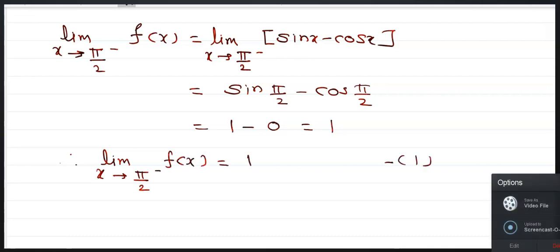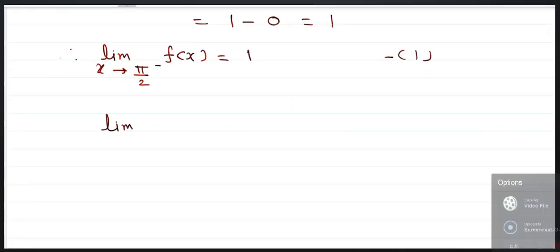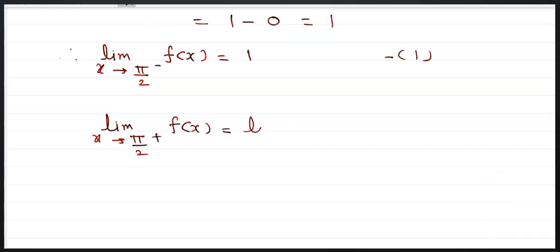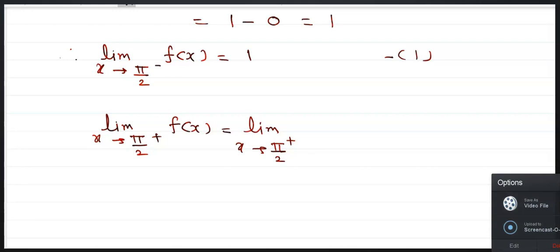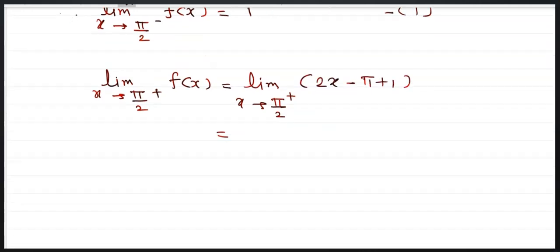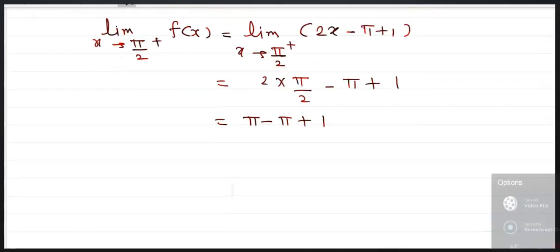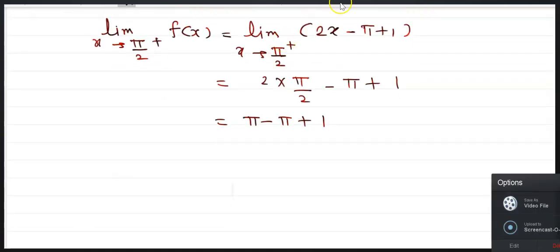What about the right hand side limit? After simplification, you will get 2 into pi by 2 minus 5 plus 1. The 5 and minus 5 get cancelled and you will get 1.